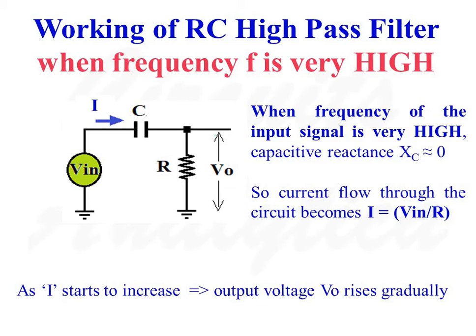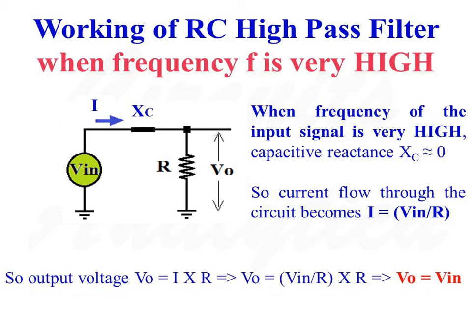So, current flow through the circuit becomes I is equal to V in divided by R. As I starts to increase, output voltage rises gradually and at very high frequencies, as capacitive reactance is very small, output voltage V0 is equal to I into R, that is V0 is equal to V in divided by R into R, or we can write output voltage V0 is equal to V in.